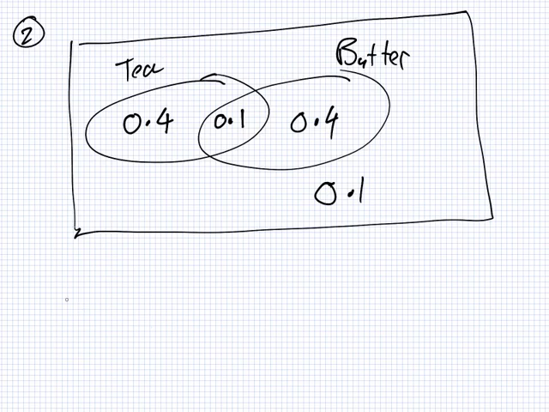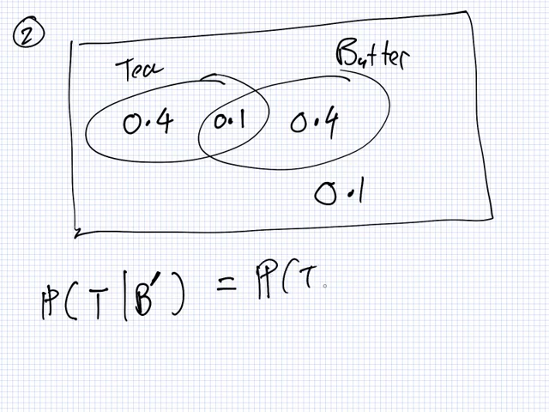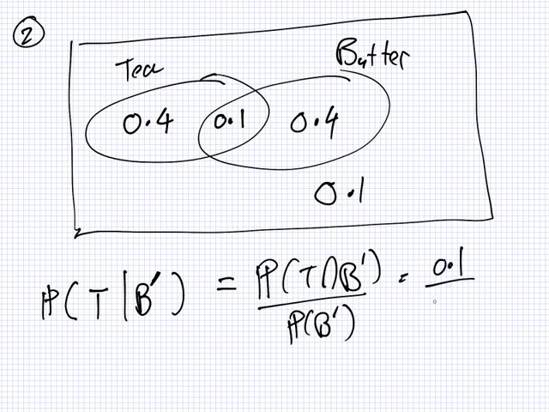What is the probability that the teacher will have tea given that they did not have butter on their toast? So you know that their toast has no butter. What's the probability that they will have tea? So that is tea and no butter over no butter. 0.1 over 0.